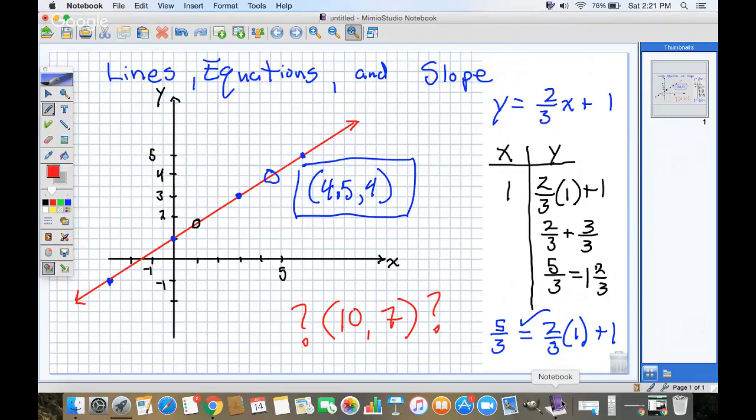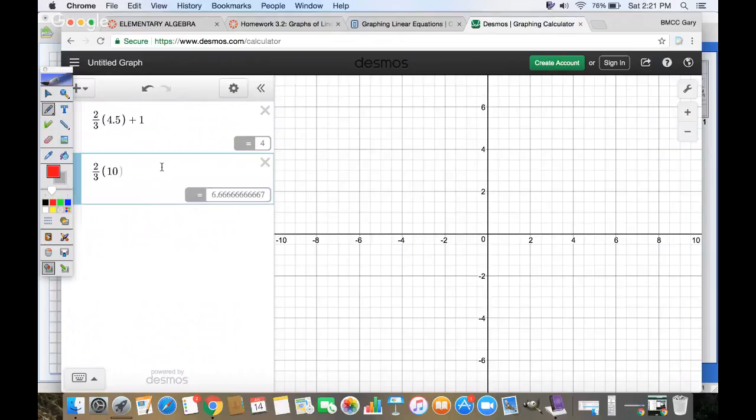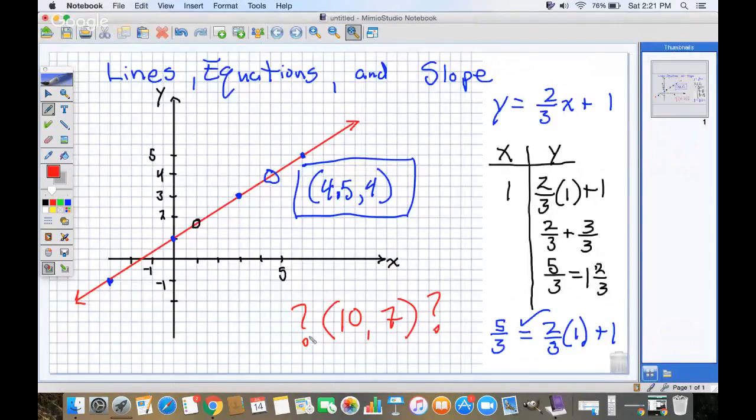So I can whip out my calculator and I can do a calculation. What is 2/3 of 10, close parentheses, then add 1. And the computer says it's 7.666, which is 7 2/3, but not 7. So what that tells me is back here, this is not a solution to this equation up here.